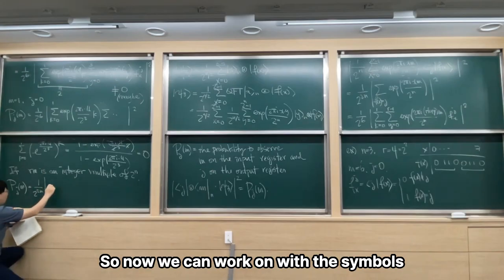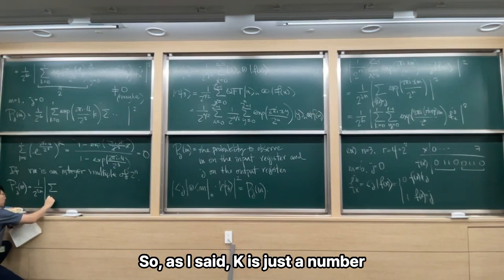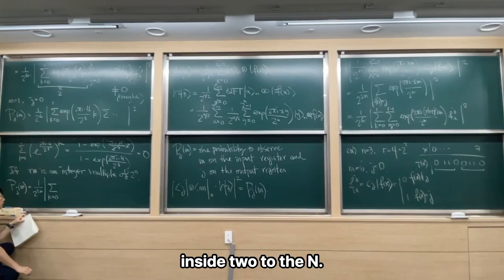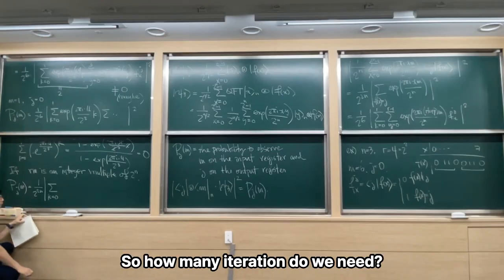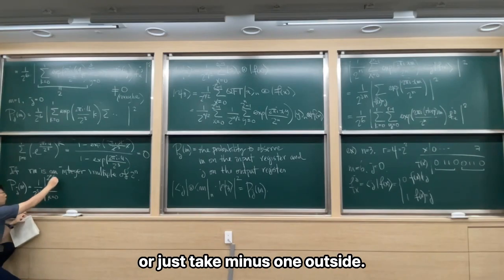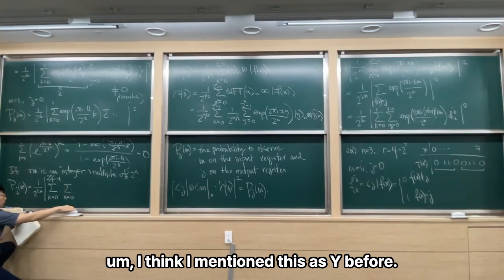So now we can work with the symbols because we're not assuming specific numbers here. So as I said, k is just a number of iterations of period inside 2 to the n. So how many iterations do we need? We need 2 to the n over r iterations, but we are indexed from 0, so just take minus 1 outside. And then for each period, I think I mentioned this as y before.